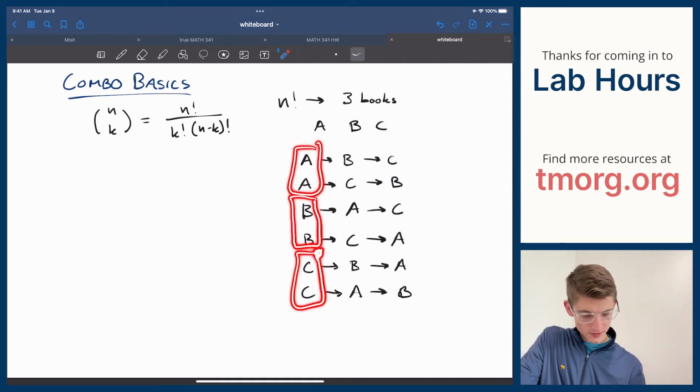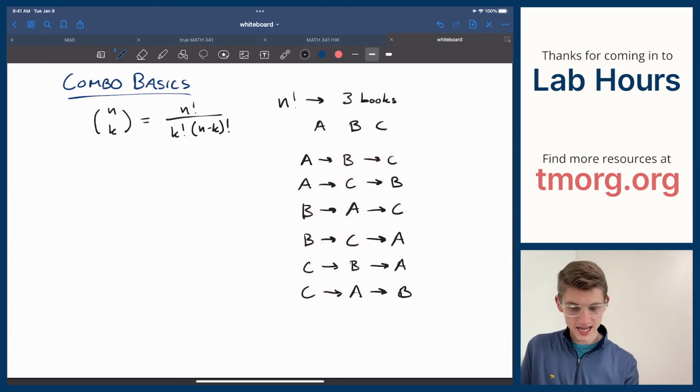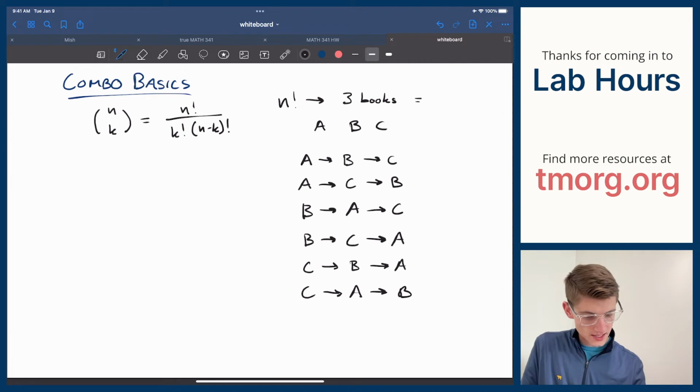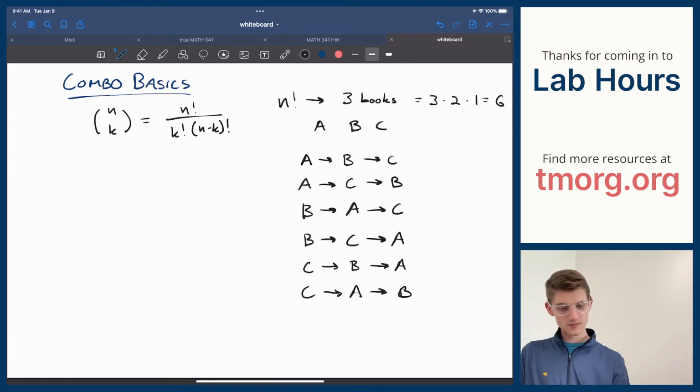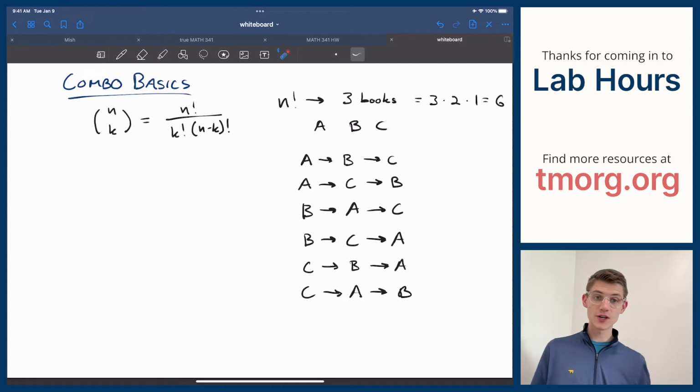And then for each of those 3 options, we have 2 options in the next slot. And then after that, there's only 1 book left for each of them. Okay? So this is the idea that n factorial is equal to 3 times 2 times 1 is equal to 6. Please notice 1, 2, 3, 4, 5, 6. Ka-chow. That's what a factorial is.